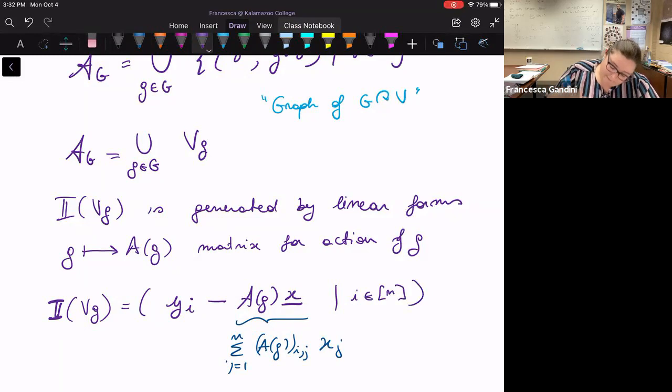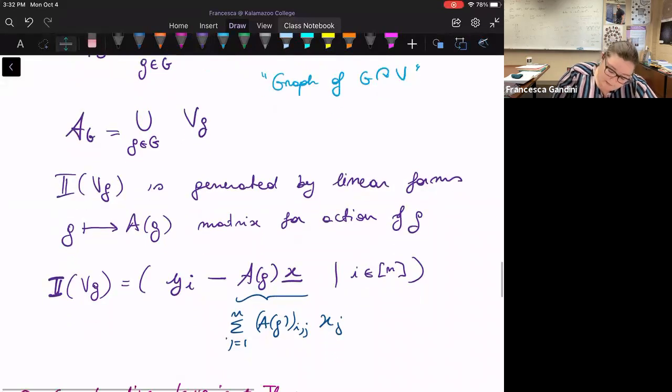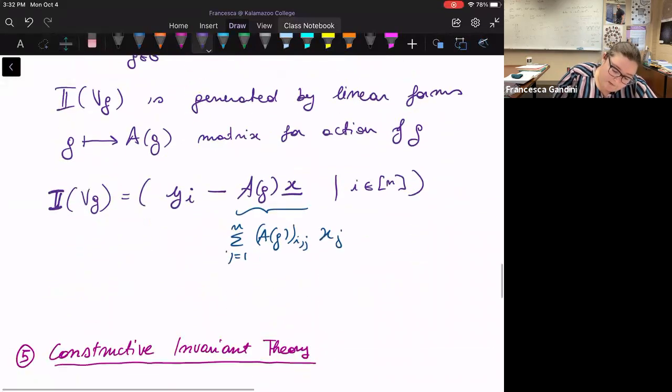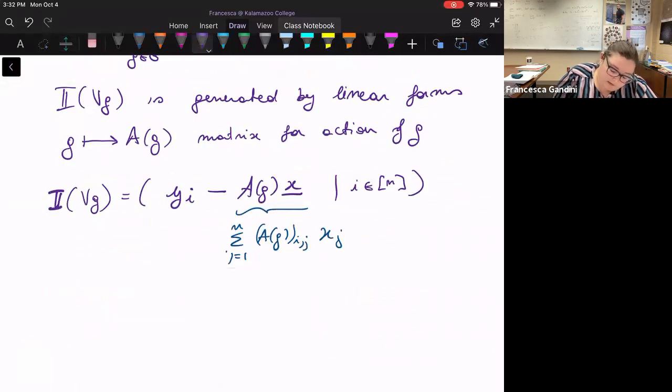All right, and so we get n linear forms for each subspace. So for each element of the group, we get these n linear forms, and then we had to take the union of these spaces, and so on the level of ideals, we get the intersection. And so we have this ideal for this group arrangement.